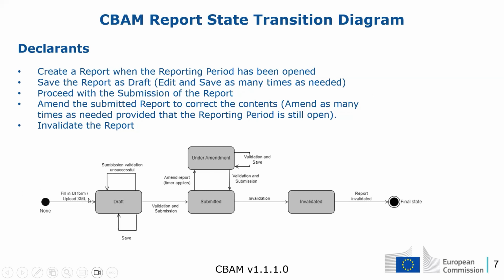This report then will be displayed in the CBAM Declarants Portal. And the first thing we need to do is to save the report as draft so that we don't lose it. A lot of saves can be done as needed and edits.